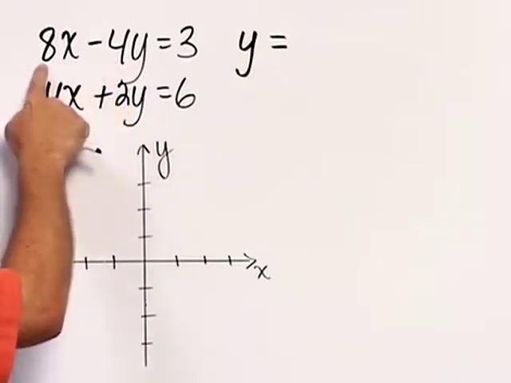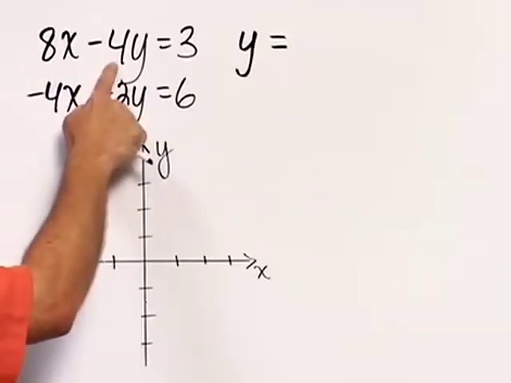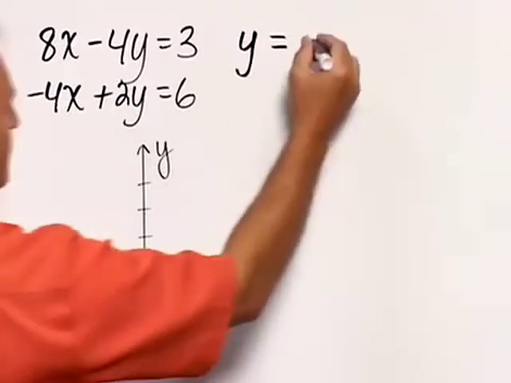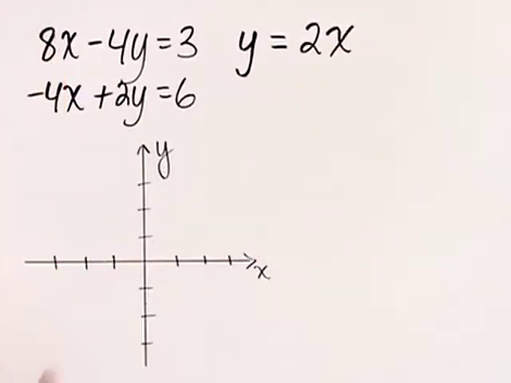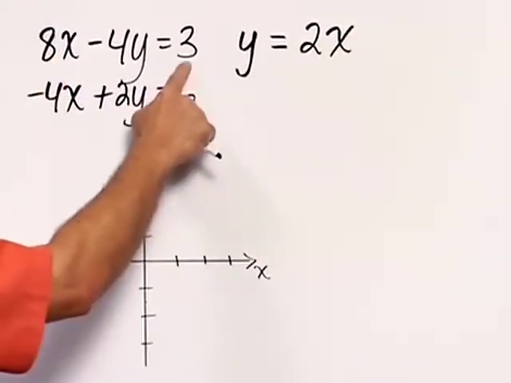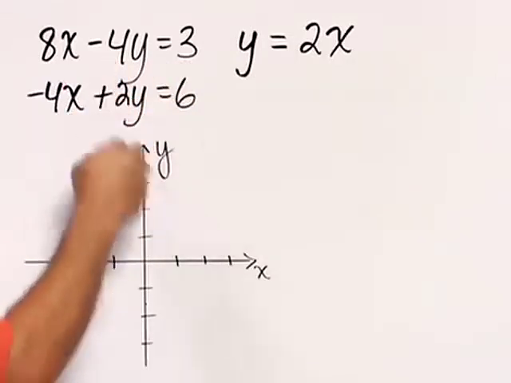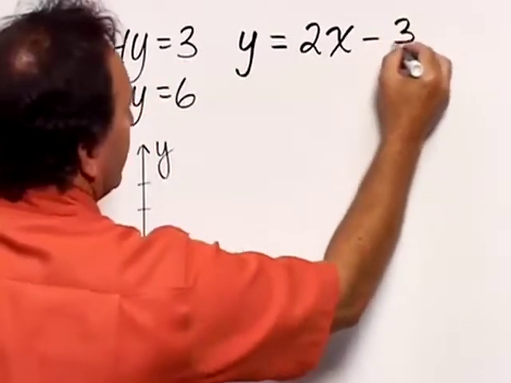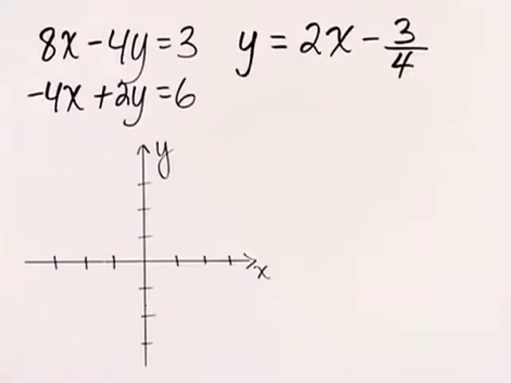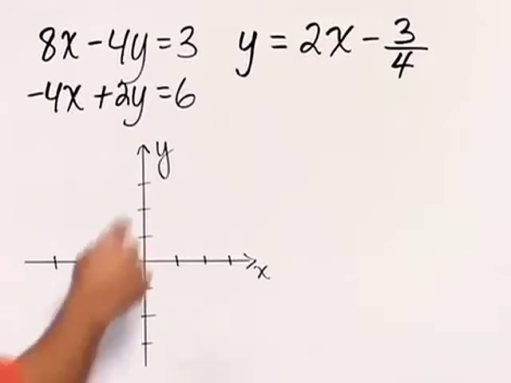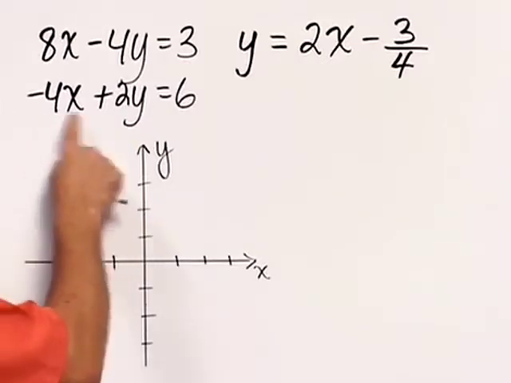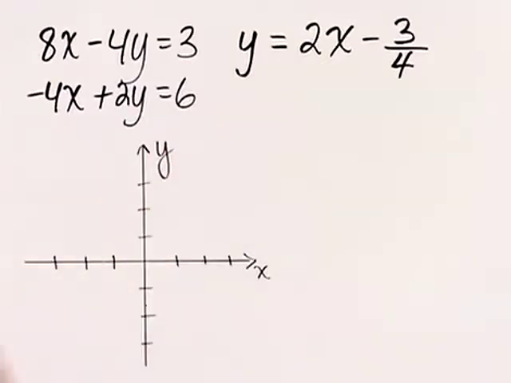So a negative 8 divided by a negative 4 is positive 2x. Then we're going to divide 3 by negative 4. So that's minus 3/4.